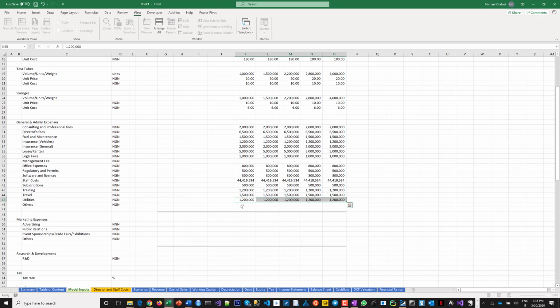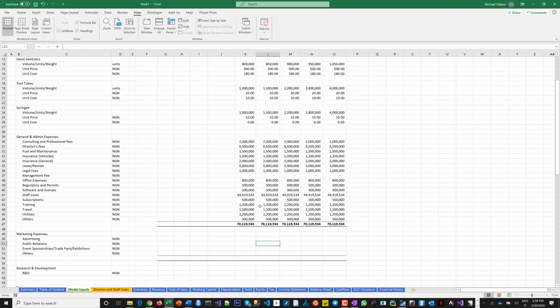Then for other categories of expenses that you cannot bucket into these explicit classes, you just put them as others. So let's say we put like 500,000 as others. With this, we can get the sum of the general and admin expenses and preferably make it bold.